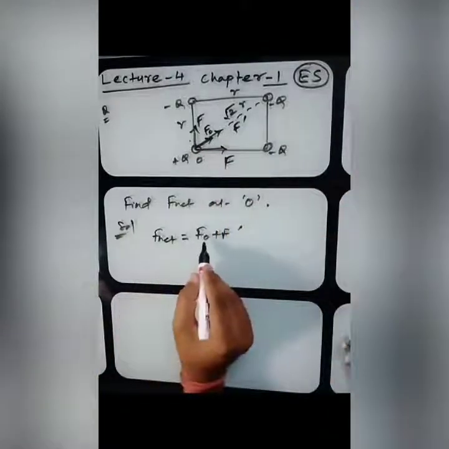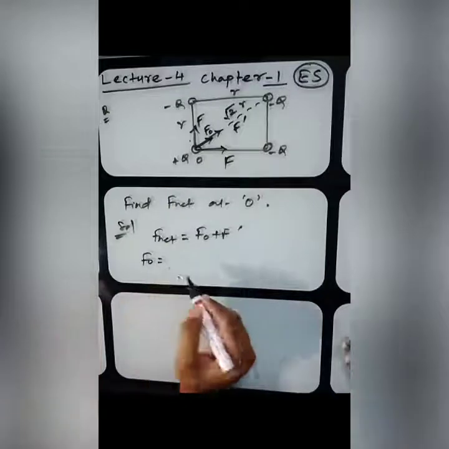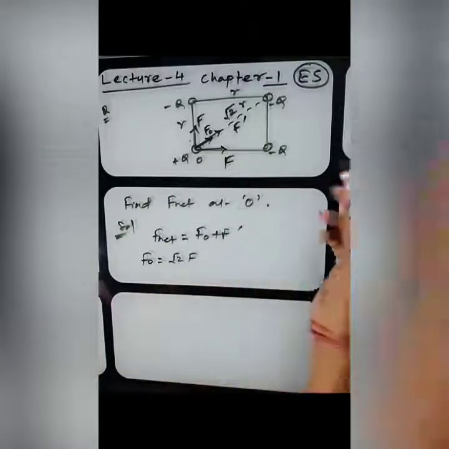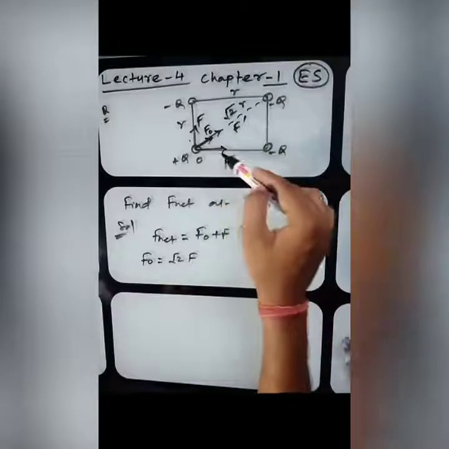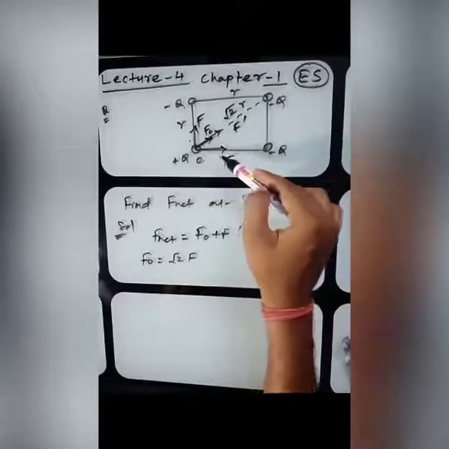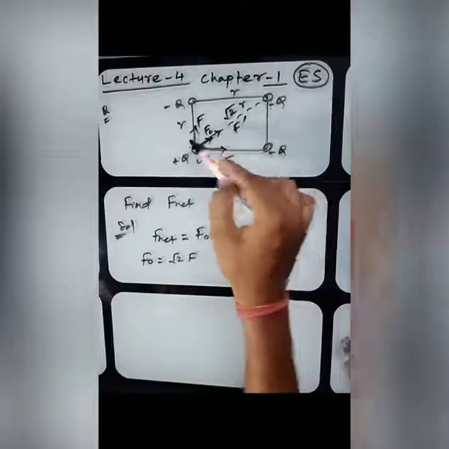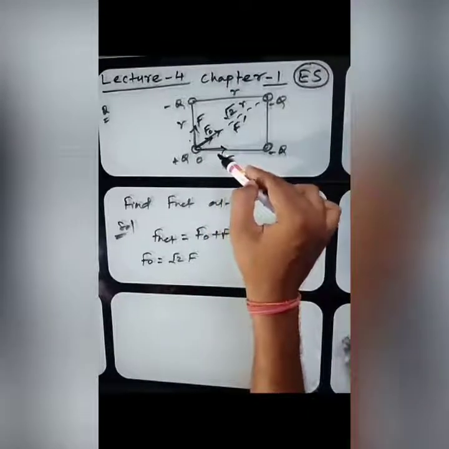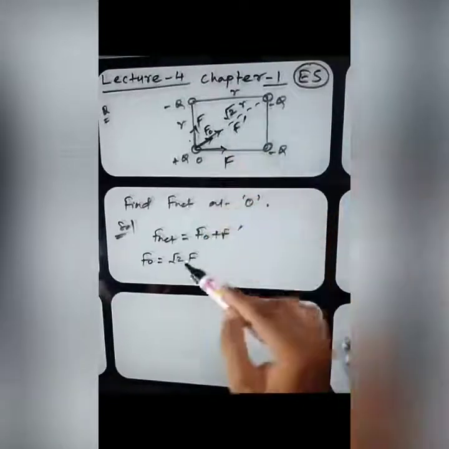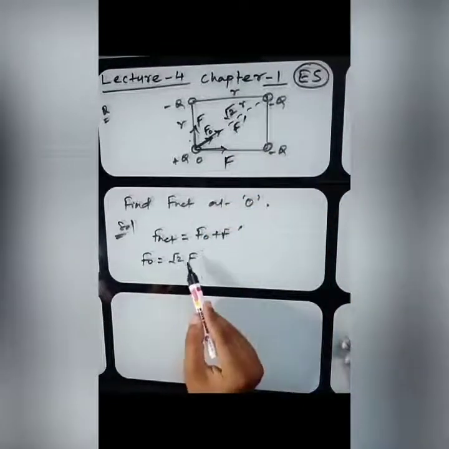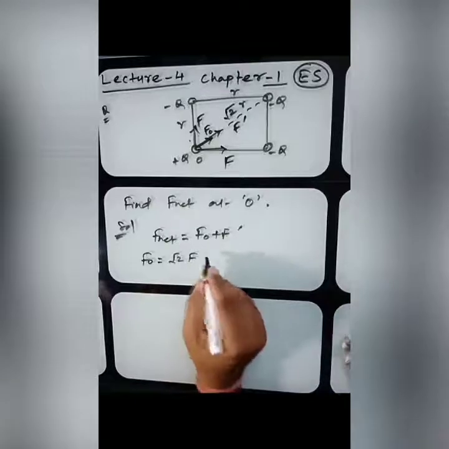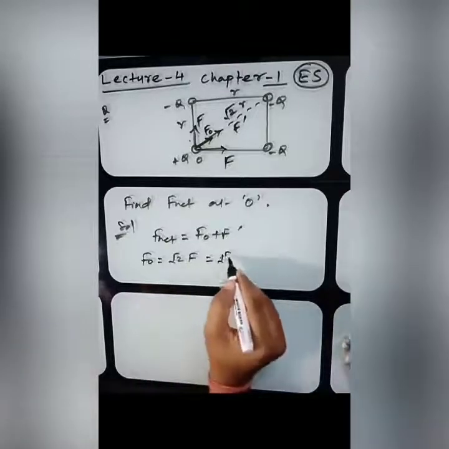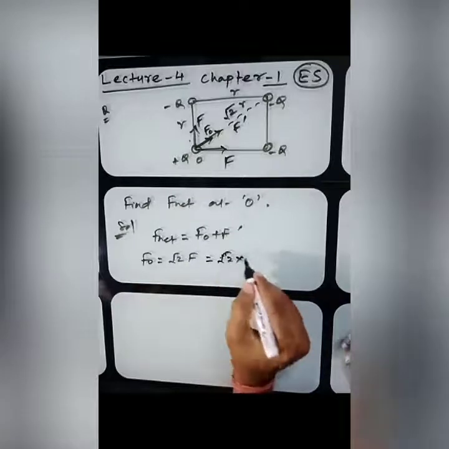So we have to find F naught. So F naught is root 2 times F. Why root 2 times F? Because the two forces are perpendicular to each other, and the equivalent value of two quantities mutually perpendicular to each other, we can write as root 2 F, and F dash will be calculated later on.